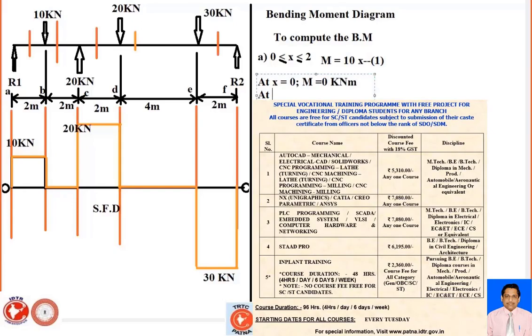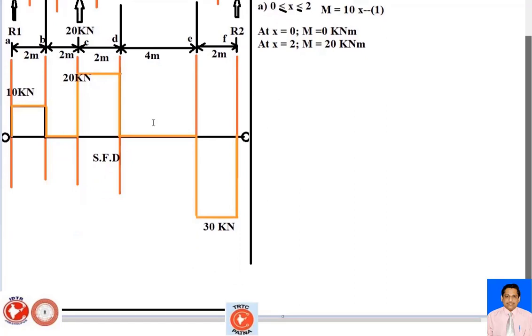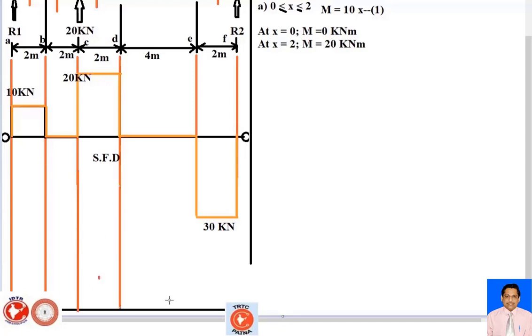And at x equal to 2, your moment is 20 kilonewton meter from equation number 1. And just watch the sections here. So I am going to draw, extend this line again. This is basically your reference line. You have to draw it on the notebook just like a reference line.